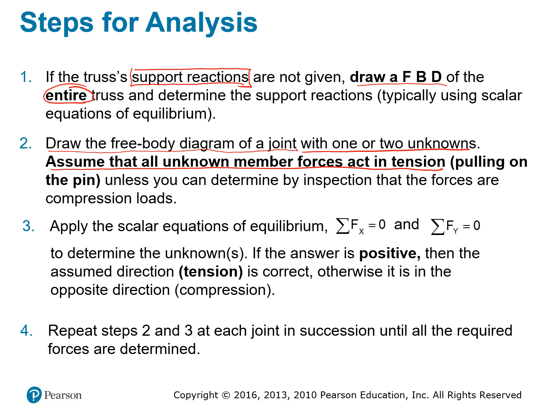And the third step is that you simply use the equilibrium equations, which are summation Fx equal to 0, summation Fy equal to 0. And if the answer is positive, it is tension. If the answer is negative, it is compression. That's what I just told you. And then you repeat the same process at another joint until you find the answer that you needed.